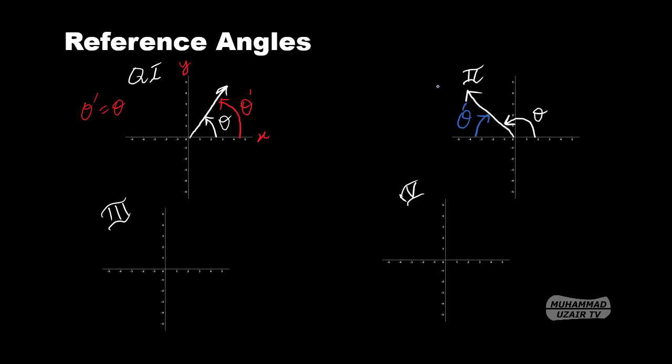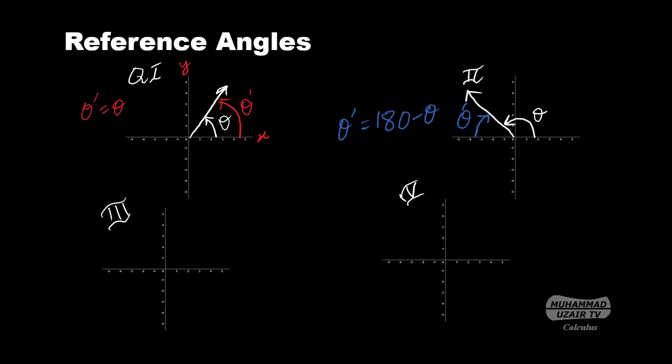So 180 minus theta will be theta dash, which is the reference angle. Theta dash will be equal to 180 minus theta.